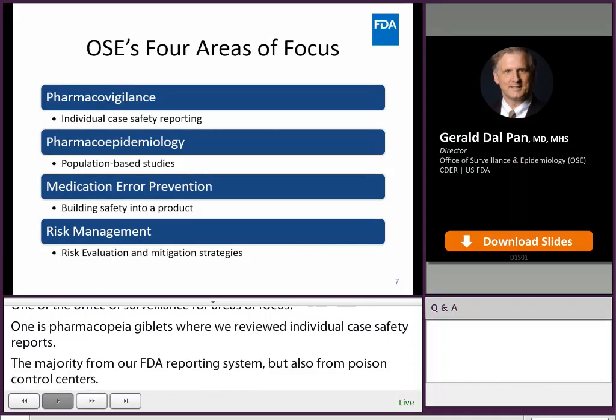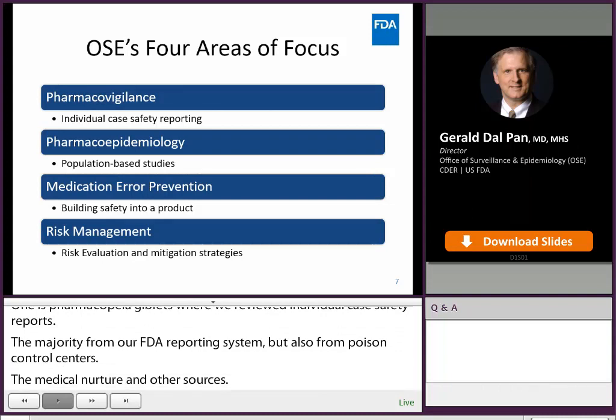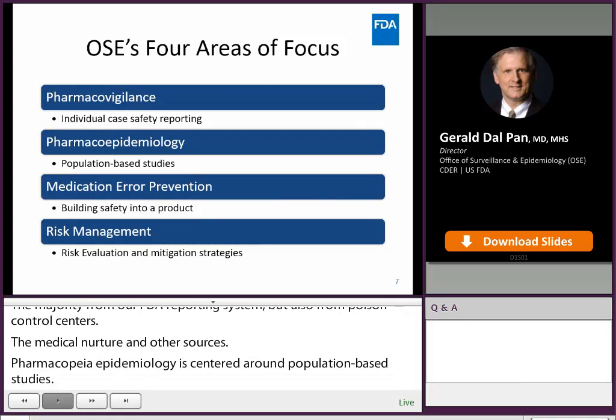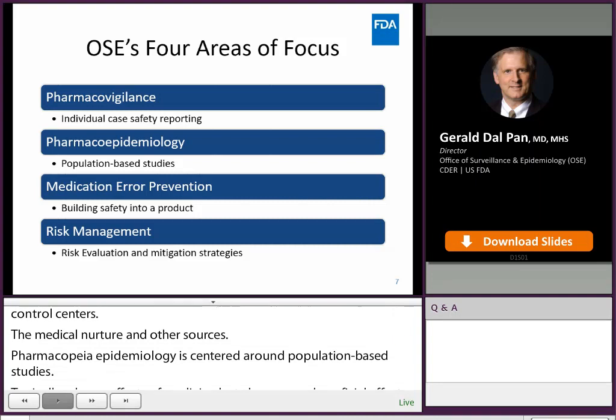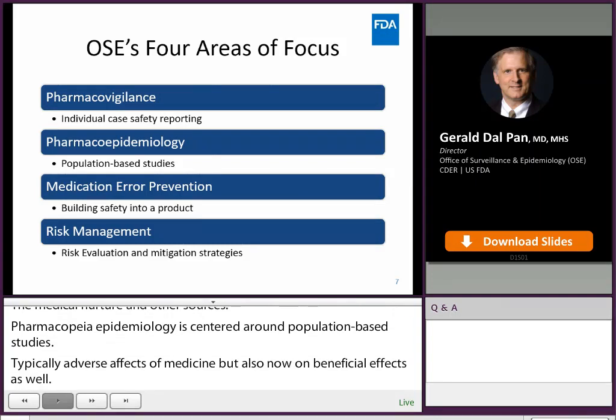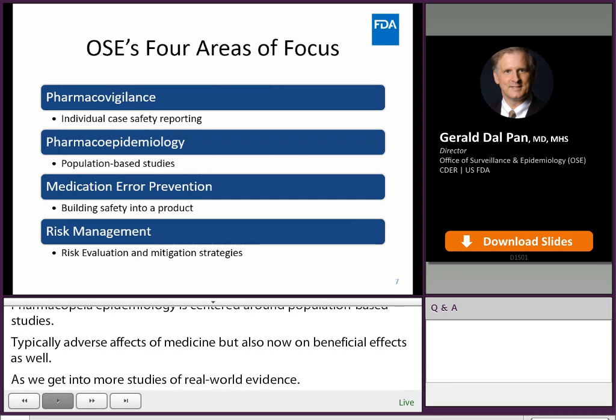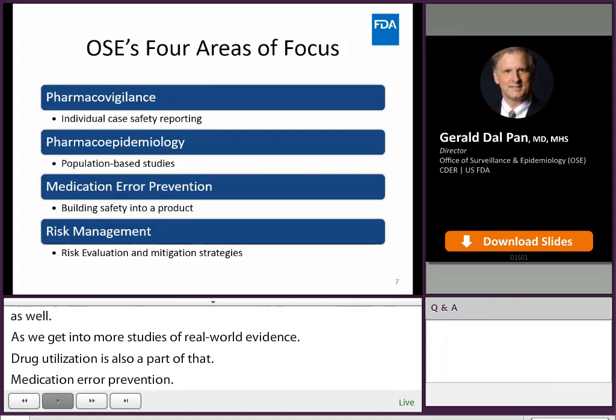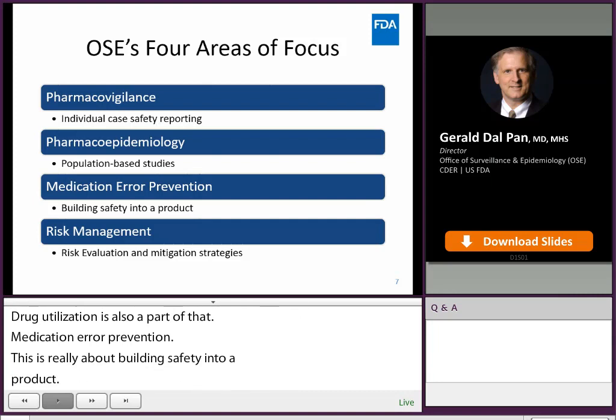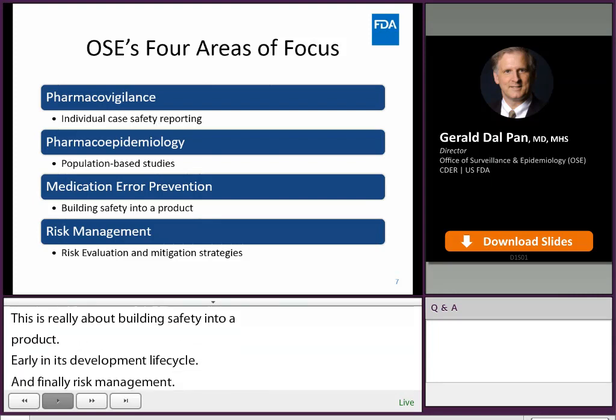Pharmacoepidemiology is centered around population-based studies, typically of adverse effects of medicine, but also now on beneficial effects as well, as we get into more studies of real-world evidence. Drug utilization is also an important part of pharmacoepidemiology. Medication error prevention. This is really about building safety into a product early in its developmental life cycle. And finally, risk management. We'll focus on risk evaluation and mitigation strategies, and you'll hear a lot about that in the next 2 days.